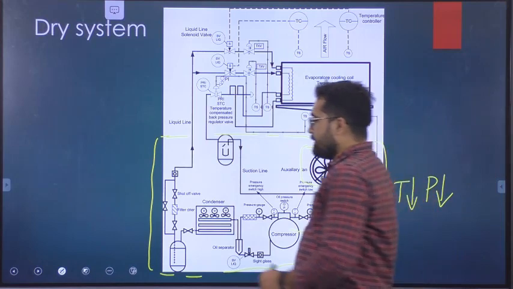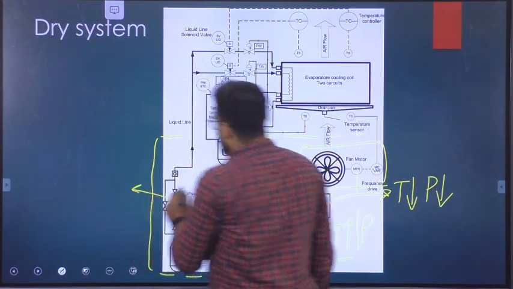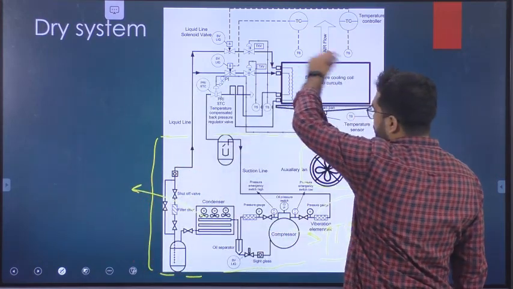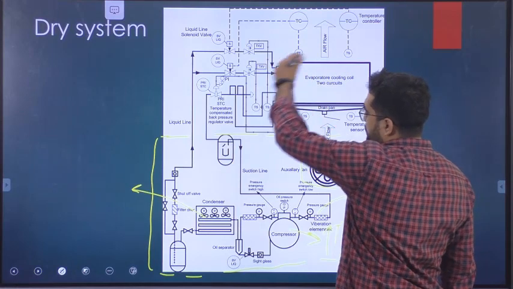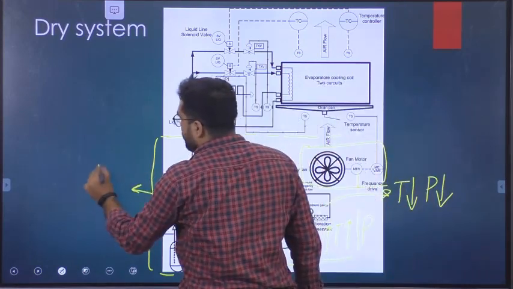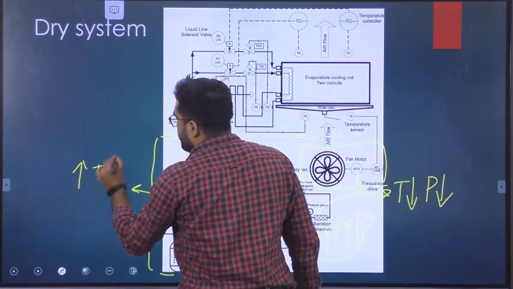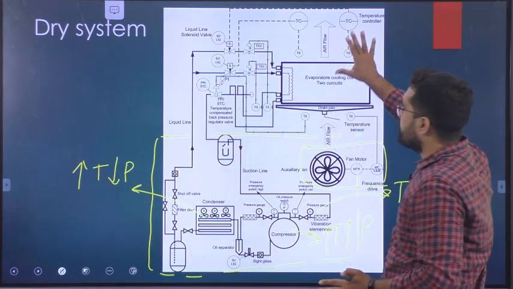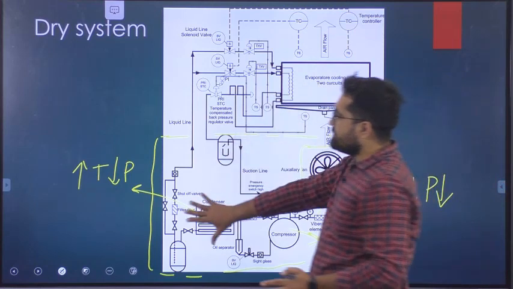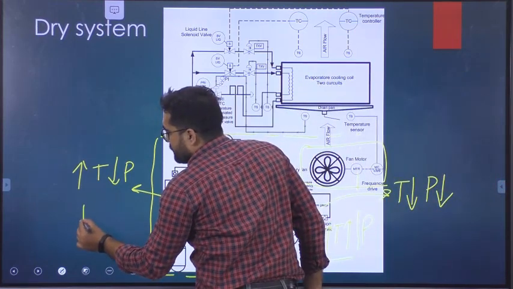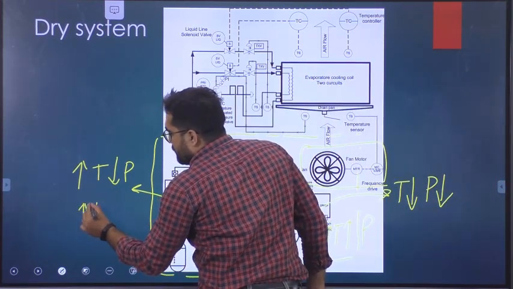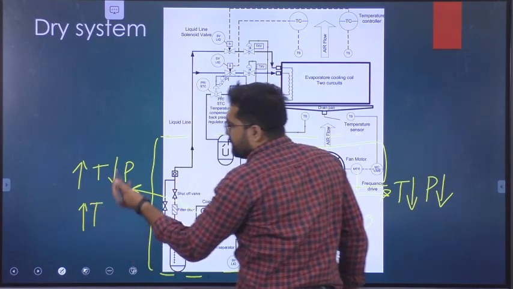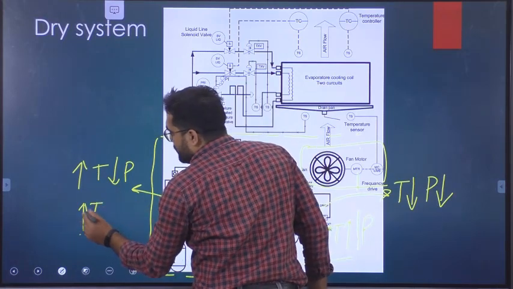Then this condenser, whatever high temperature and low pressure gas is coming, this condenser will condense, again reducing the temperature.